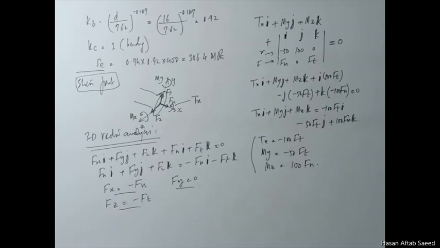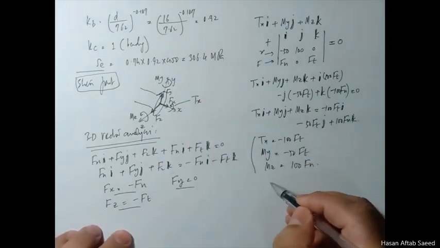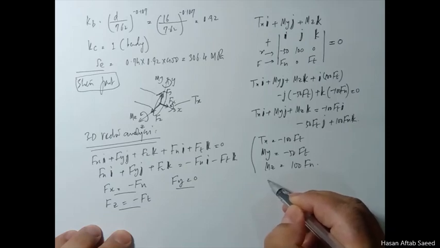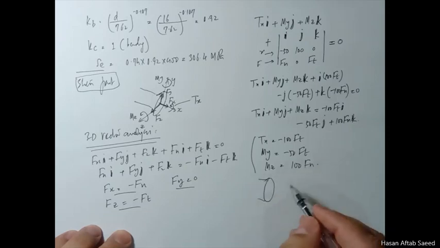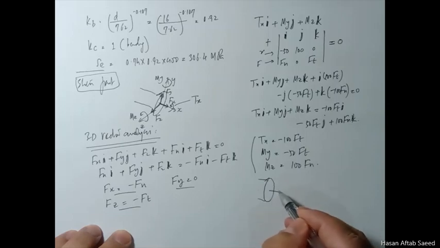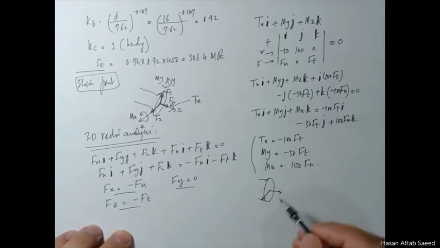So what we have here then is the situation where, let's draw it here again. The situation is something like this. You have this Fx value, you have this Fz value.